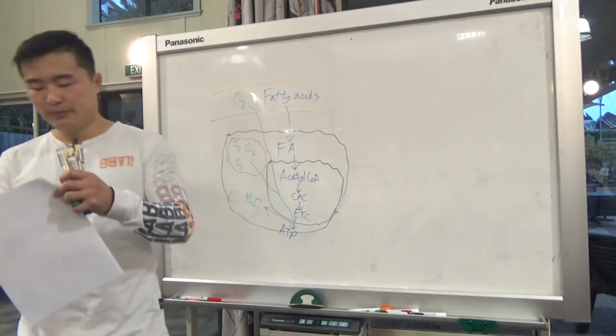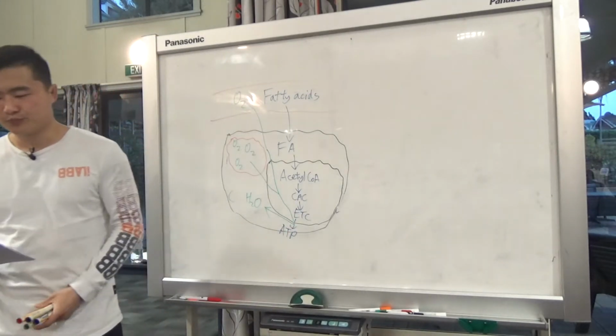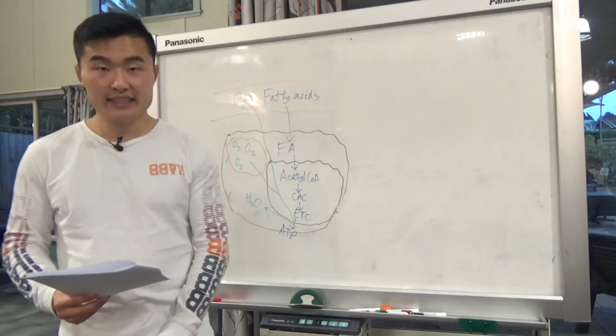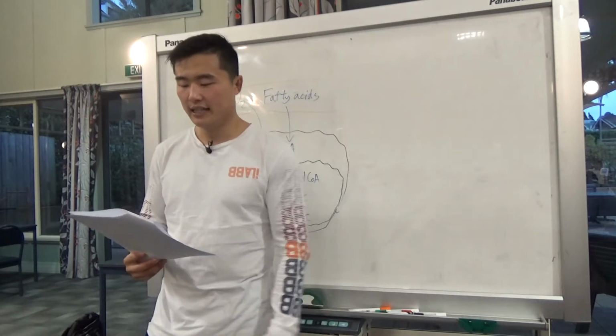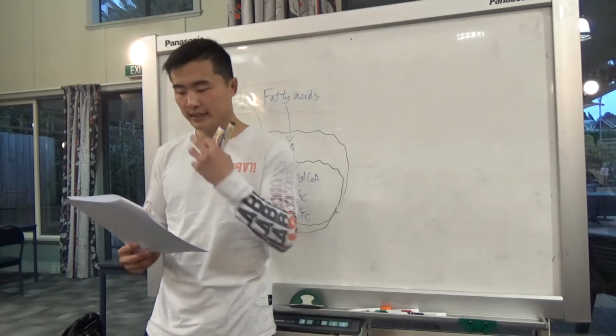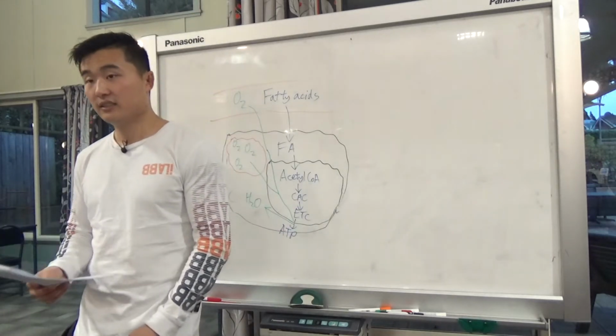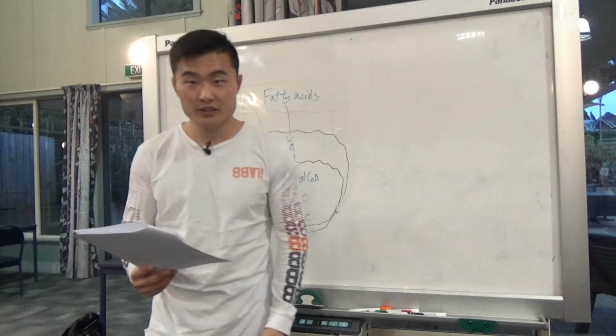So on the last page, we've got a few questions. Which statement regarding uncoupling protein is incorrect? A, uncoupling protein was discovered in a specialized thermogenic tissue known as brown fat. Yep, so true.